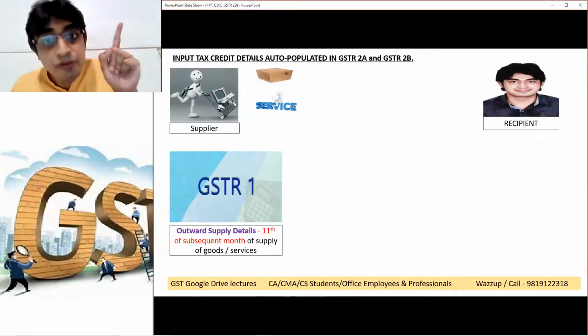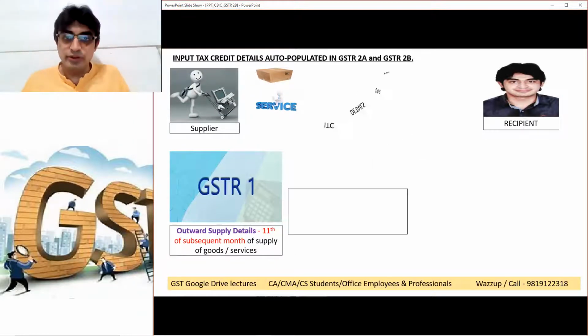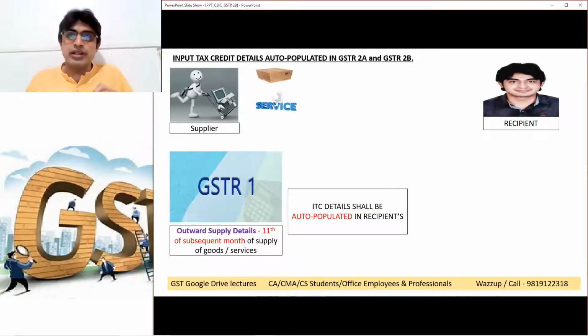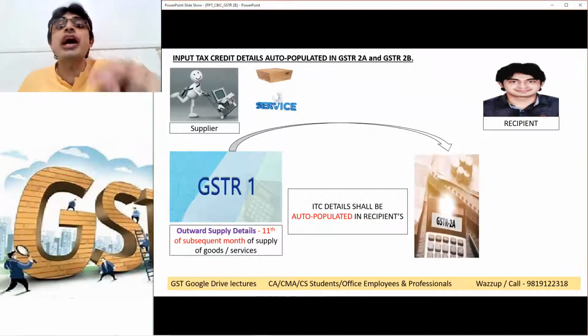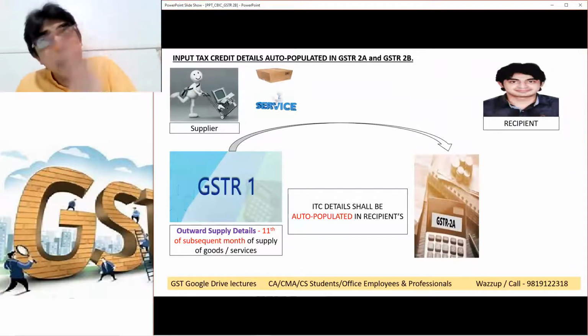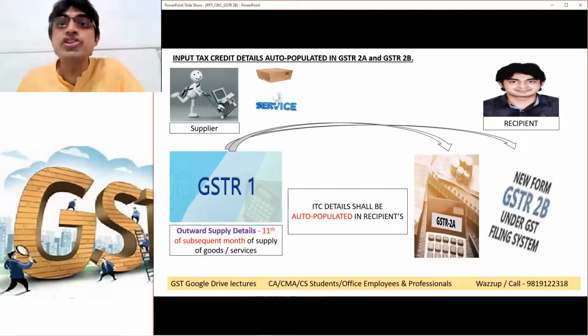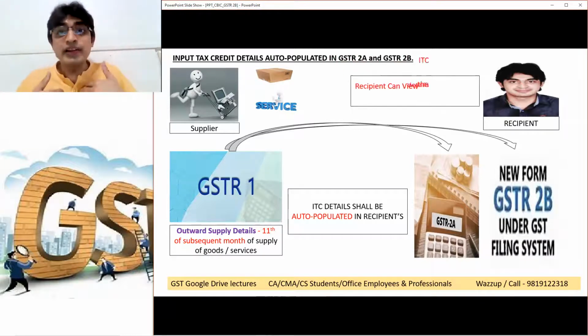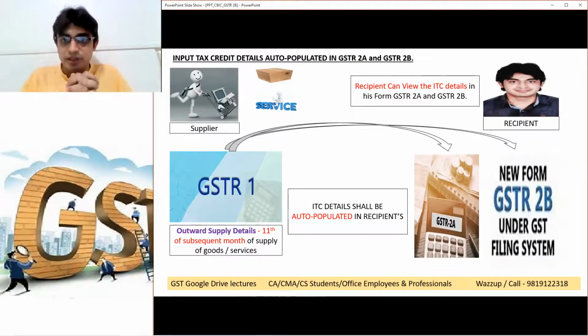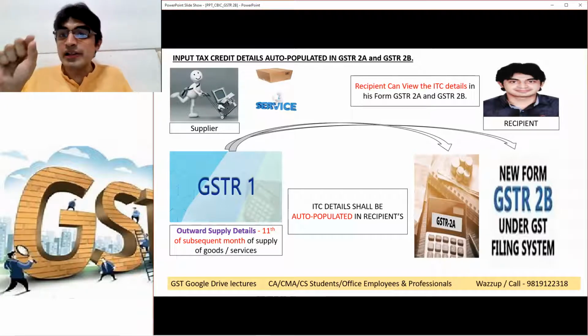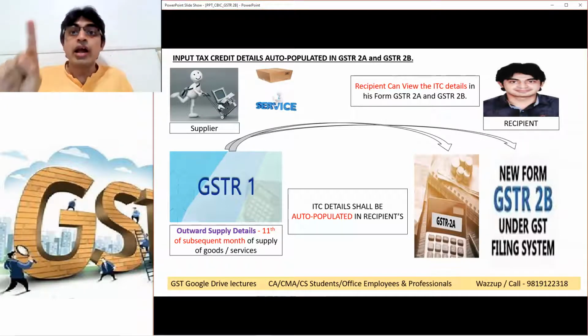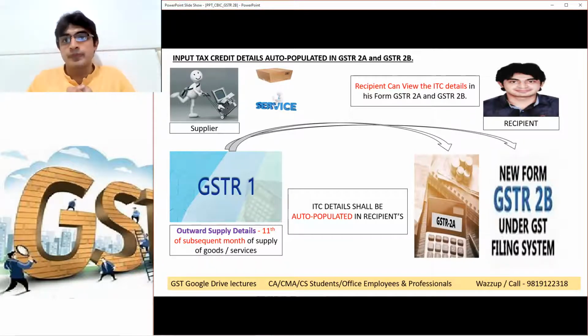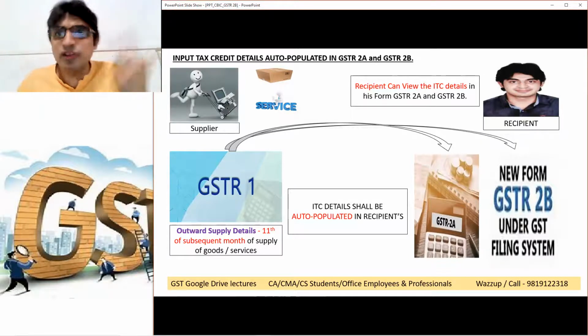And on the basis of the supplier's GSTR 1, this ITC details shall be auto-populated in my GSTR 2A, and now a new statement also in GSTR 2B. So the recipient can avail ITC as per this invoice details in GSTR 2A and GSTR 2B. Agreed. This was our first part. Whatever the supplier uploads, it gets auto populated.